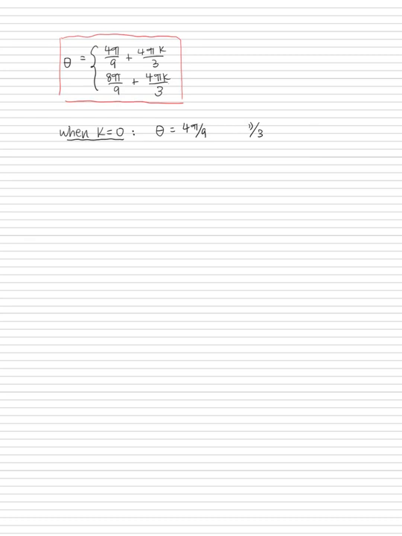So let me just erase that. Okay, and then another theta is going to be 8 pi over 9 when k is 0. Now, are they inside of 0 to 2 pi? Yes, I think so. So these guys are keepers. All right, so now let's go with when k equals 1.